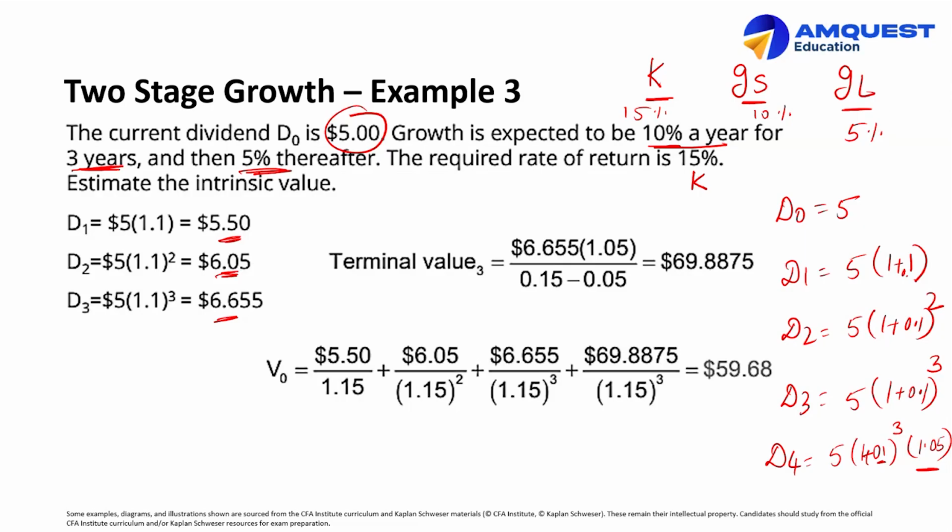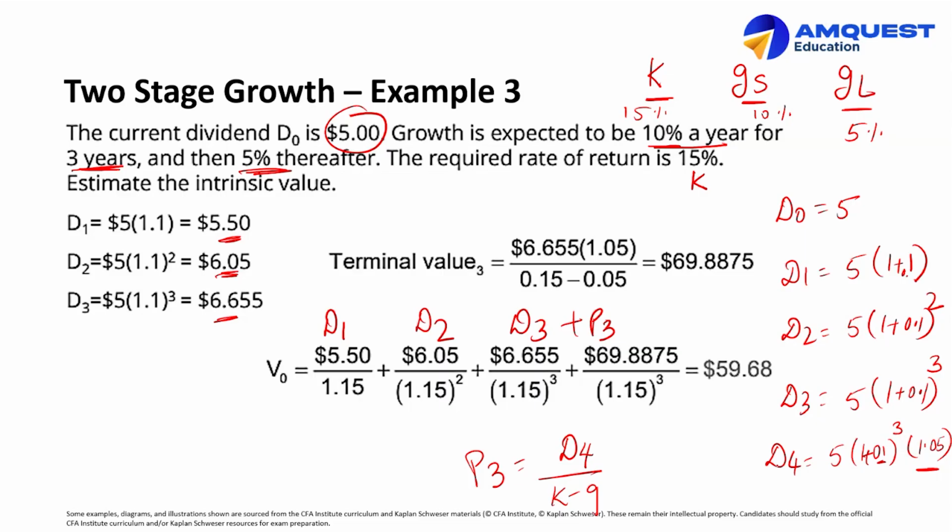अब मुझे इसकी वैल्यू निकालनी है. So सबसे पहले formula is D1 divided by the particular discount rate, D2 plus D3 and P3. ठीक है, P3 निकालने के लिए मुझे क्या चाहिए? D4. D4 divided by K minus G, इससे मुझे मिलेगा P3। तो क्या मेरे पास सारा डेटा है?